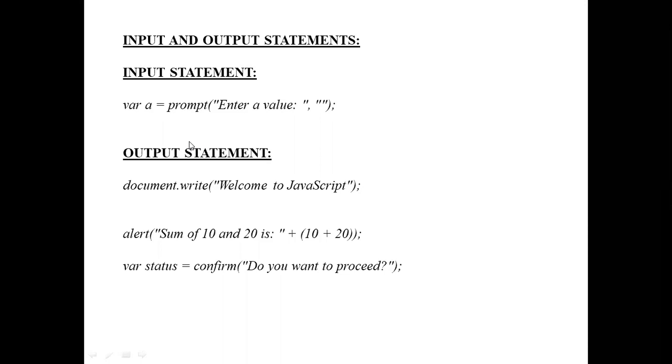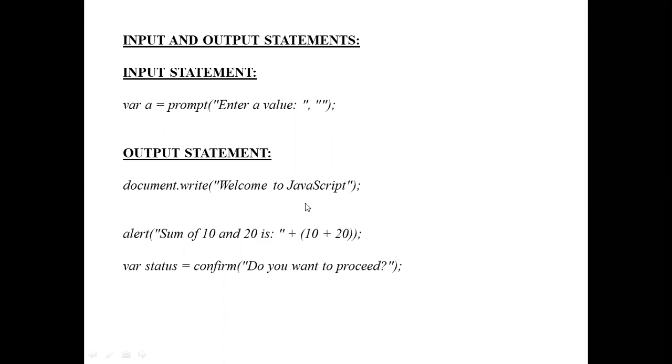Next, the output statement is document.write("Welcome to JavaScript"). The remaining output statements, alert and confirm, we will see in the next classes on objects. So the input statement is prompt, and the output statement is document.write with whatever output you want.